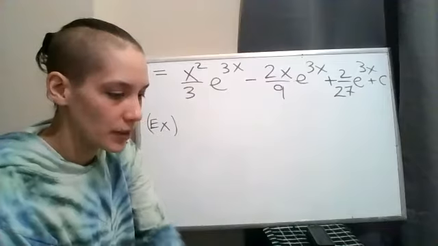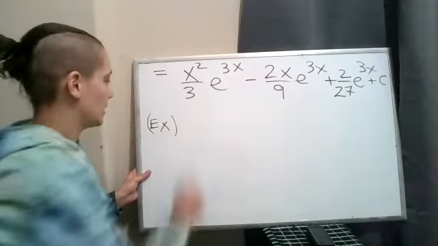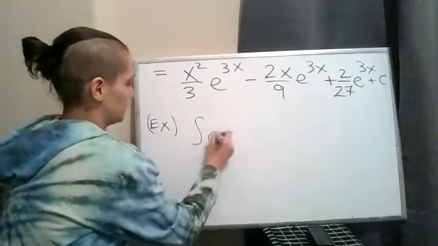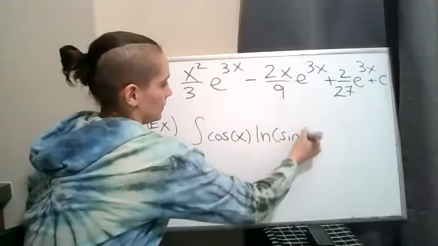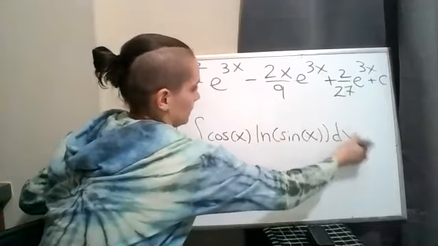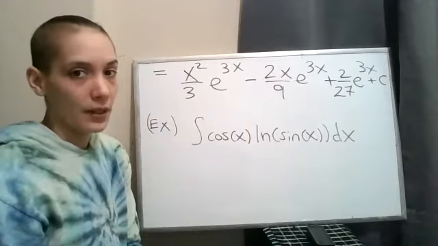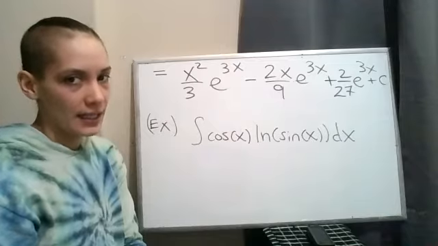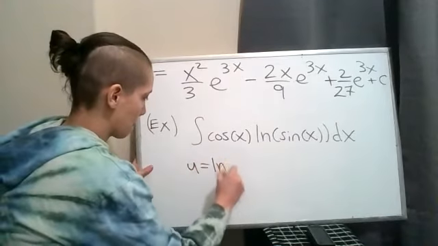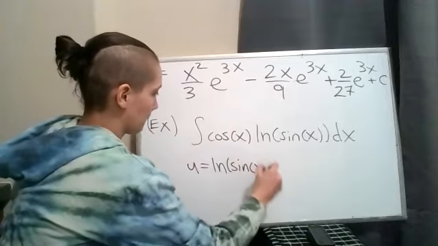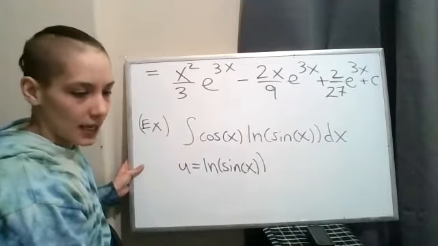So next we're doing the integral of cosine of x times ln of sine of x. U is going to be ln of sine of x. dv is cosine of x dx.